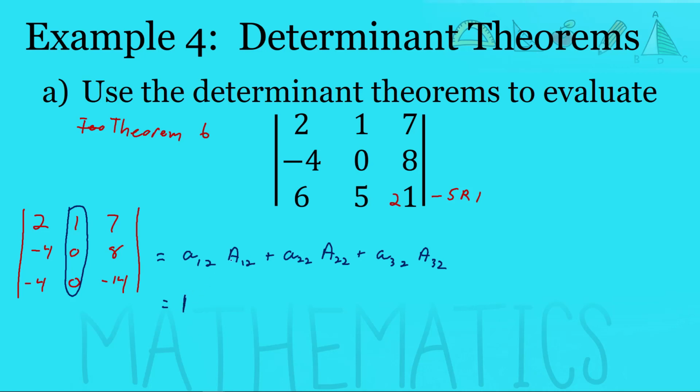times its cofactor, which is going to be equal to -1 to the 1 plus 2 power times, okay, well, we'll remove those. It's going to be -4 times -14 minus -4 times 8.